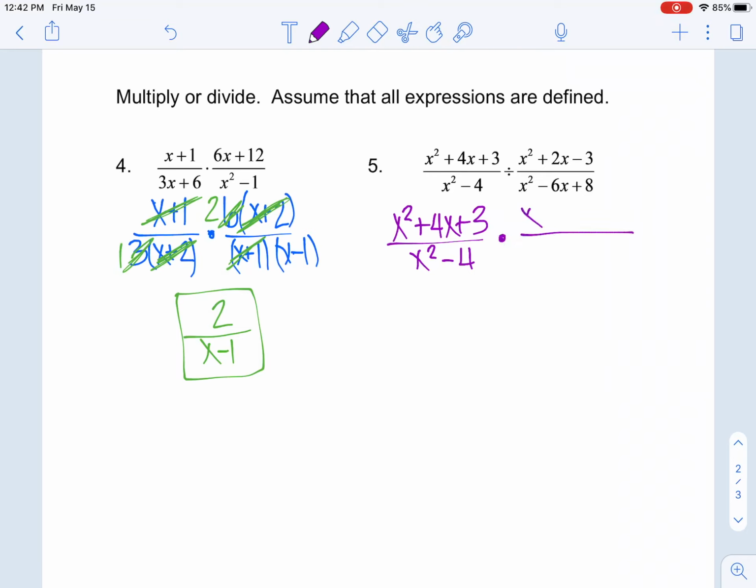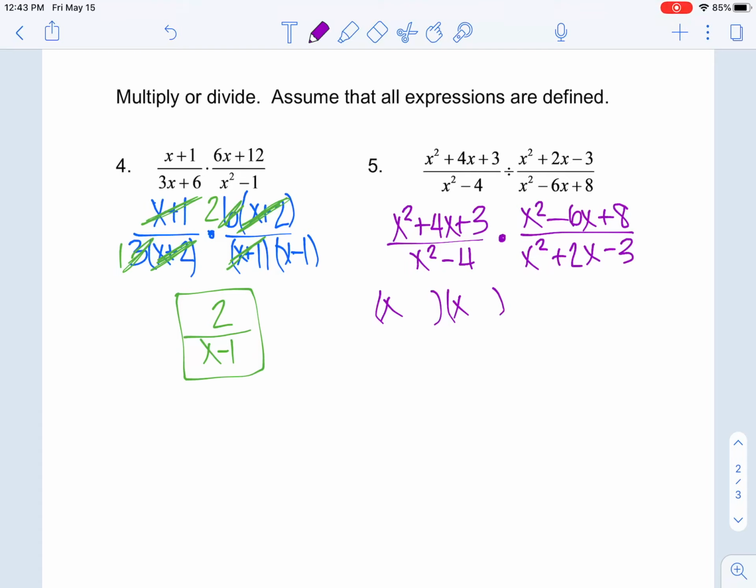We switch division to multiplication, and we flip our second fraction. Okay, now that we have done that, we can solve it just like problem number 4, where we factor and simplify. So let's factor the first fraction.